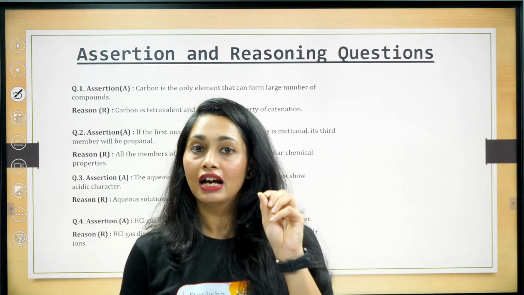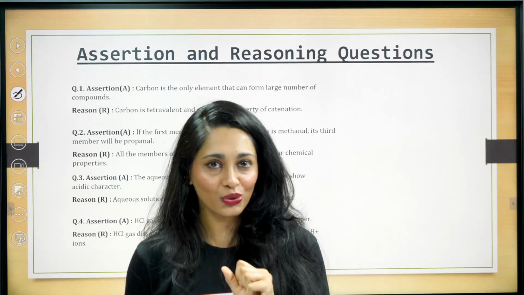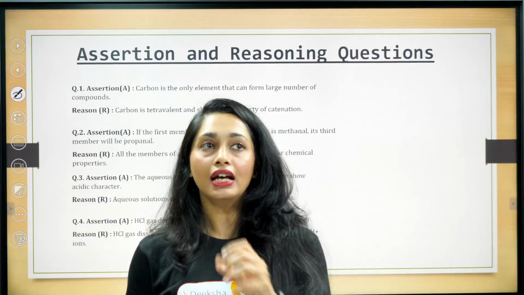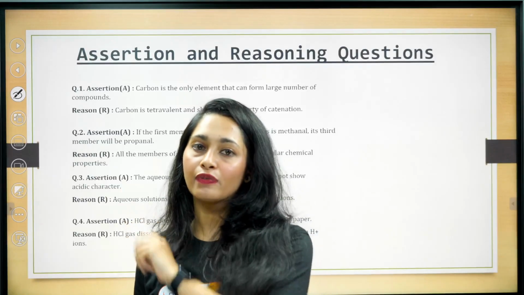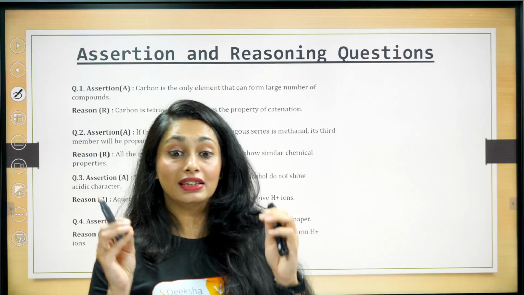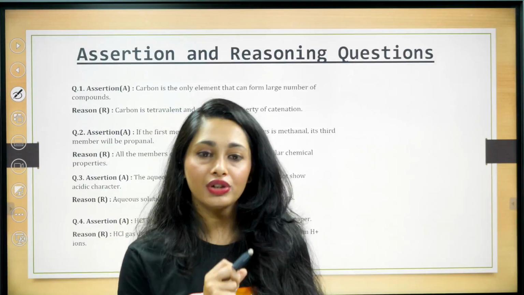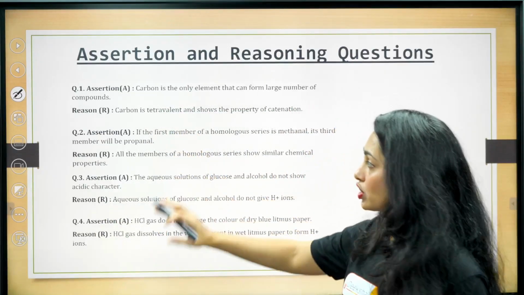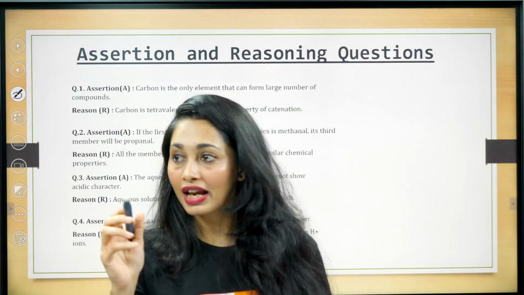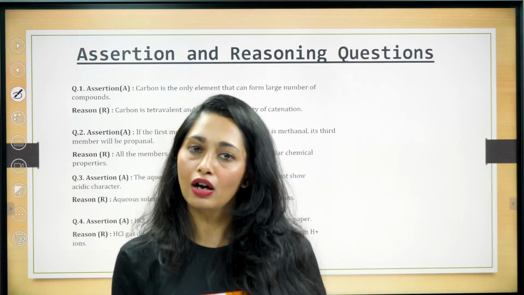Second option will be assertion is true, reason is true, reason is not the correct explanation for assertion. Third, assertion is true, reason is false. Assertion is false, reason is true. This is the fourth one. So this can be very confusing. What do you need to do? Read the assertion and reason multiple times, come to the conclusion, and then see the options.